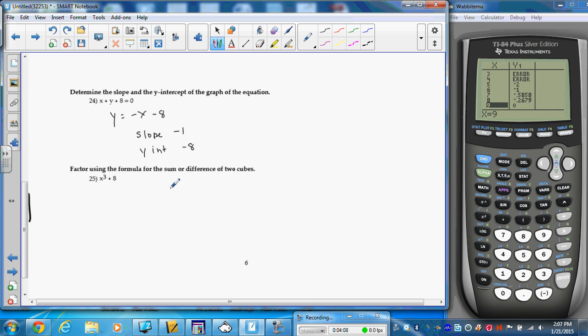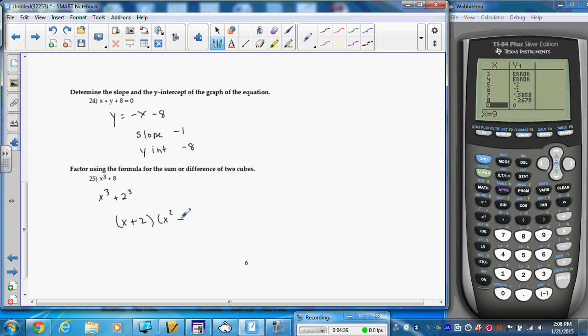Okay, so factoring the formula for the sum or difference of 2 cubes, you remember the saying SOAP: same, opposite, always positive. So this is going to be x cubed plus 2 cubed. And if we do the same, it's going to be x plus 2. And then we're going to do opposite, and remember the second one has squares in it, so it's minus because it's the opposite.